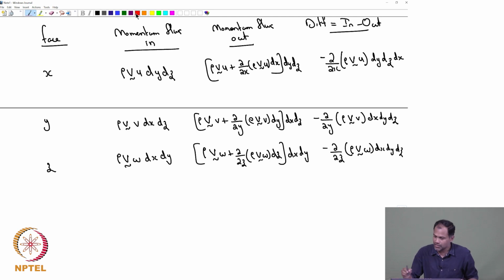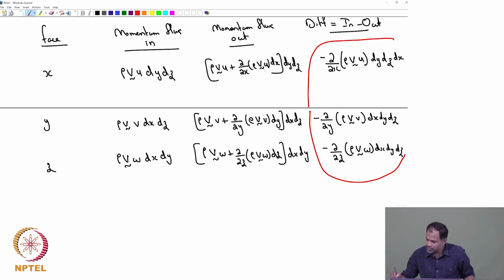So, this is the quantity that is interesting to us, because that tells you the momentum in minus momentum out, and that should be equal to the rate of change of momentum in that particular volume.